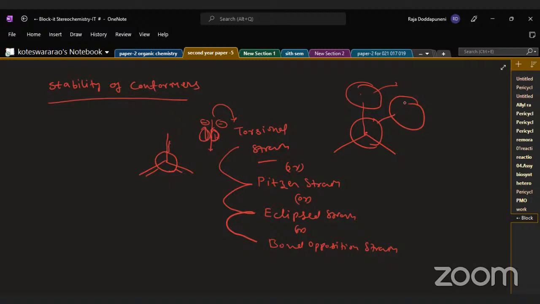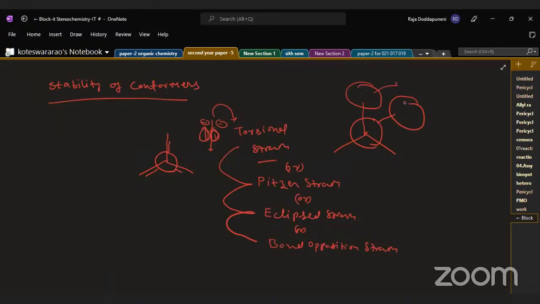These van der Waals repulsive forces are also known as non-bonded interactions or non-bonded steric interactions. Commonly, we can say that van der Waals repulsive forces are non-bonded repulsion.